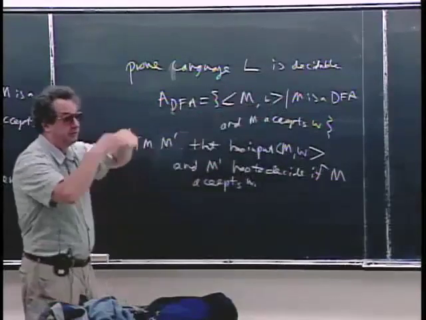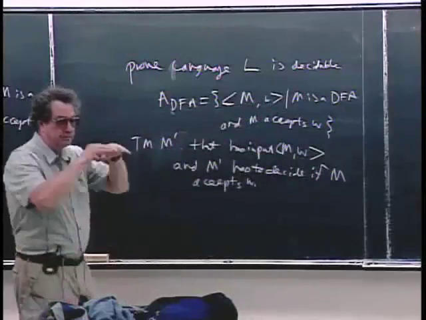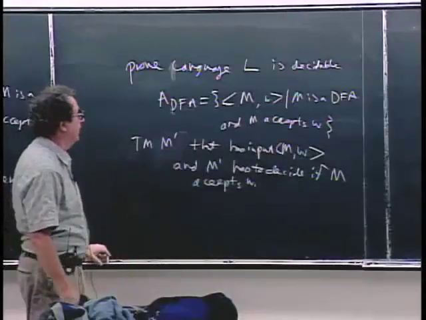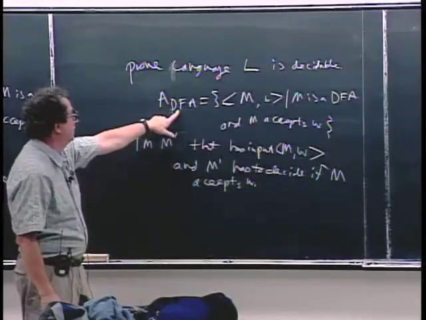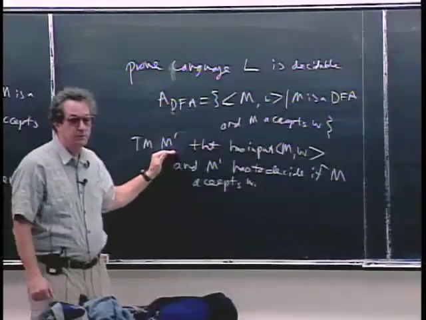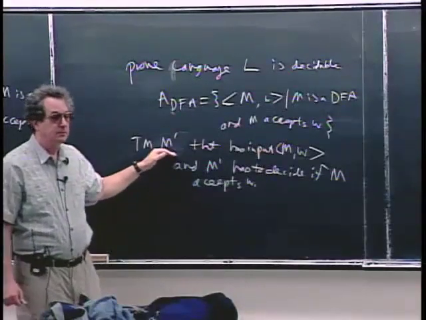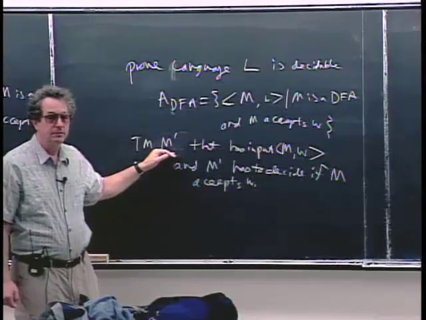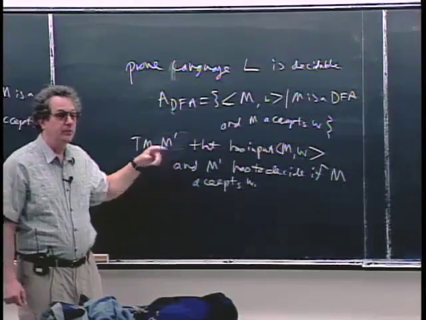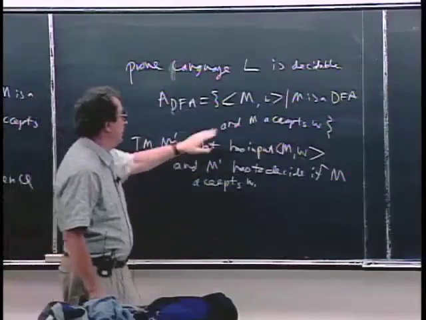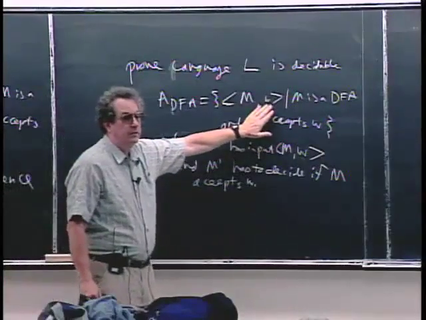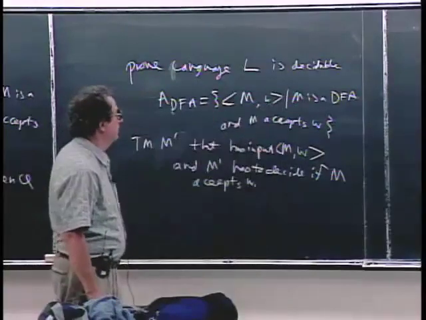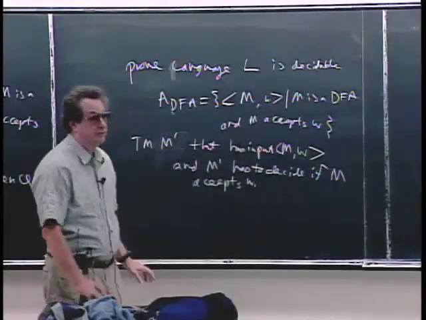All right, so that's a different level of abstraction, a different level of attack. Now, in this particular problem, what does this Turing machine M prime do? Yeah, I heard the word simulate. Yeah, it simulates M on W. Okay, so this one isn't so mysterious or difficult to think about.